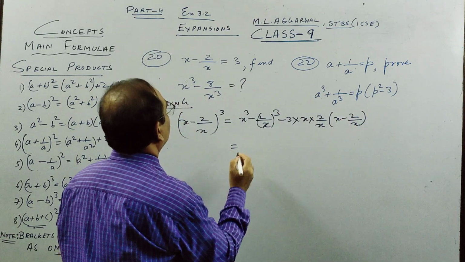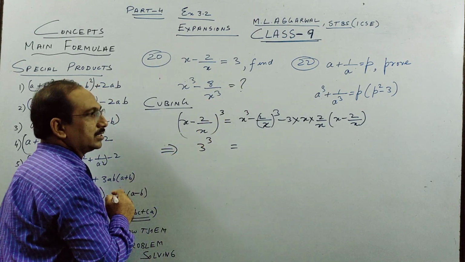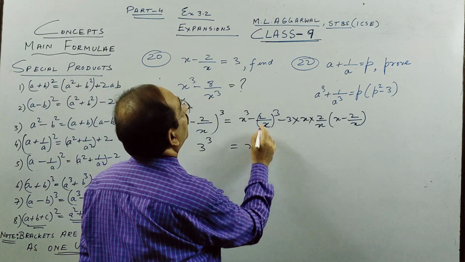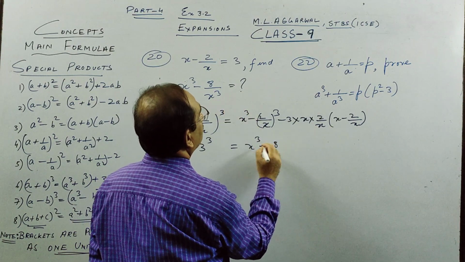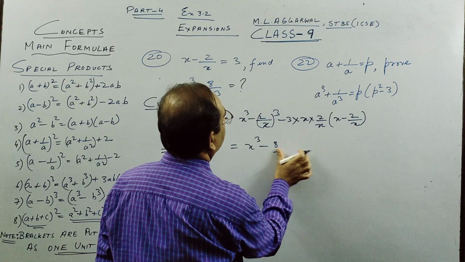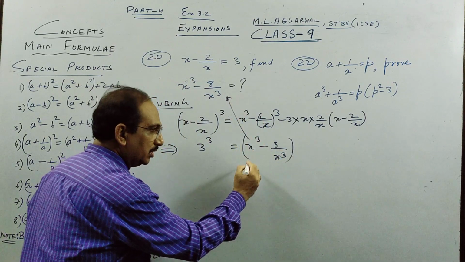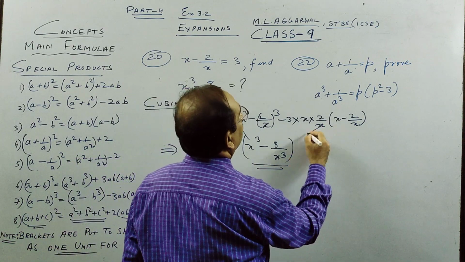Next step we will do substitution. This we know is 3. So this is 3 cube. Put the implies sign. This is what we have to find. That's why I was putting the bracket. So this we will keep as it is. This cancels.